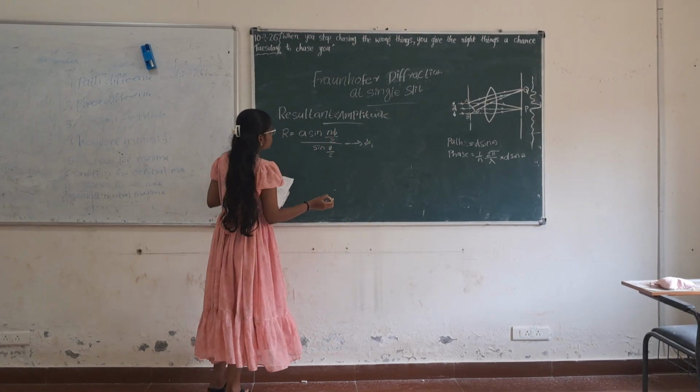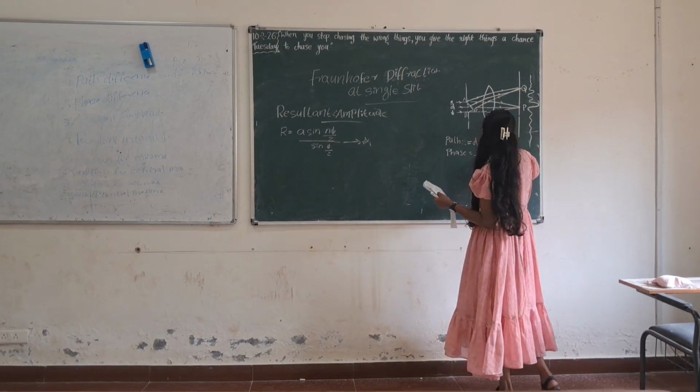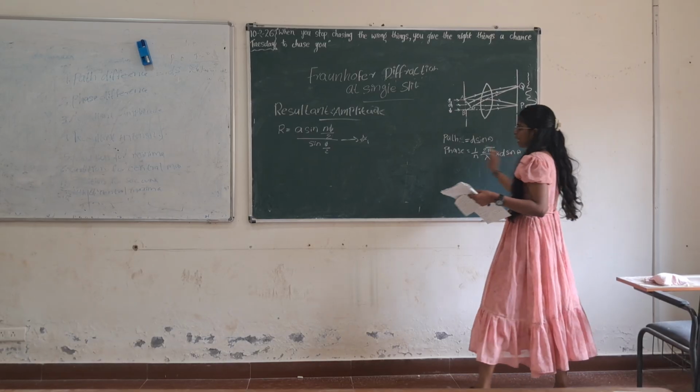So substitute phi equal to 1 by n into 2 pi by lambda into d sin theta in this equation.